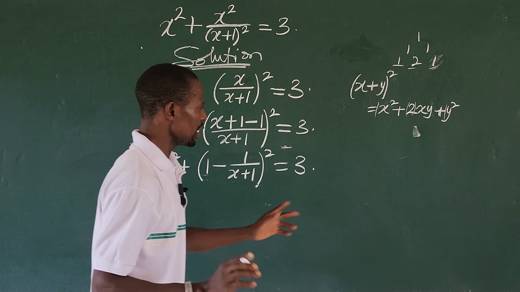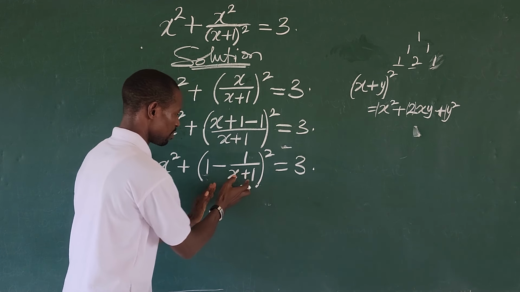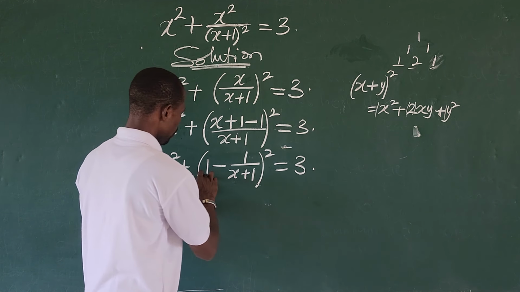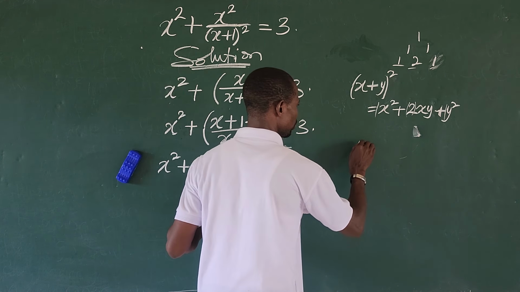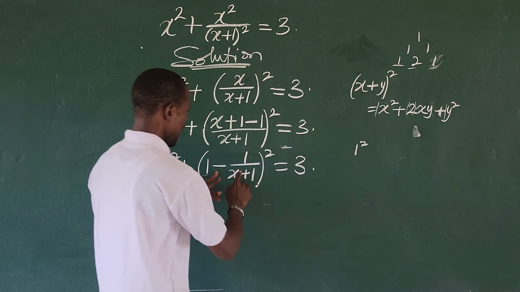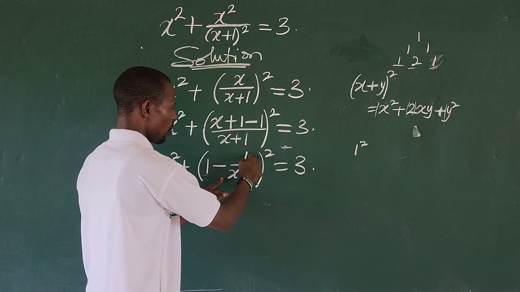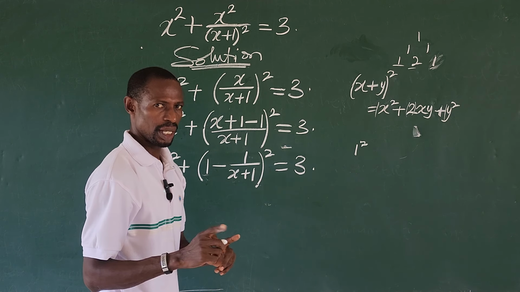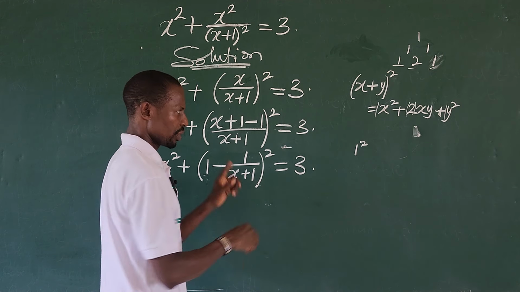So if we use this to expand this expression we have here now, what is it going to give us? Let's go gradually. So 1 is going to give us 1 to the power of 2, and this minus 1 all over x plus 1 is going to give us to the power of 0, which is equivalent to 1. So let's keep that.